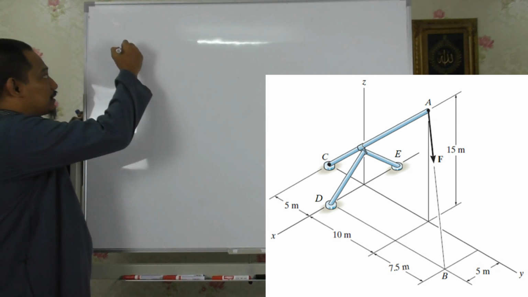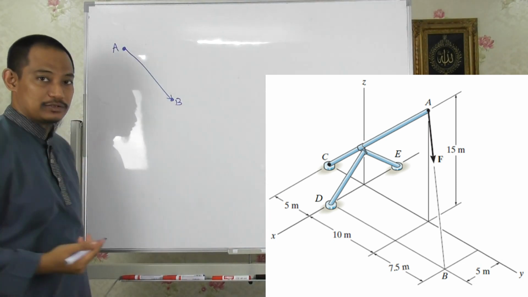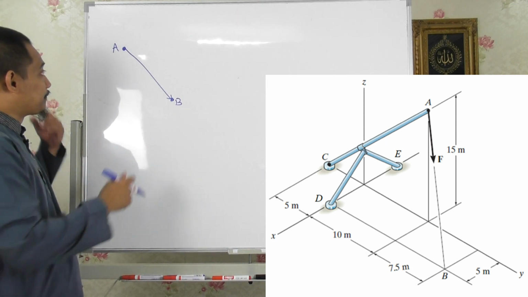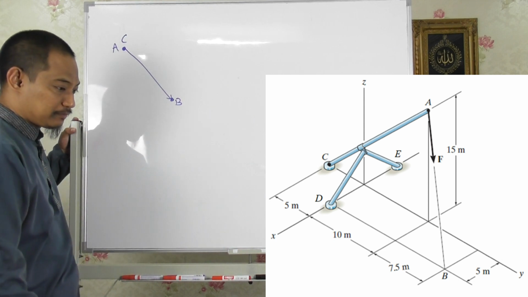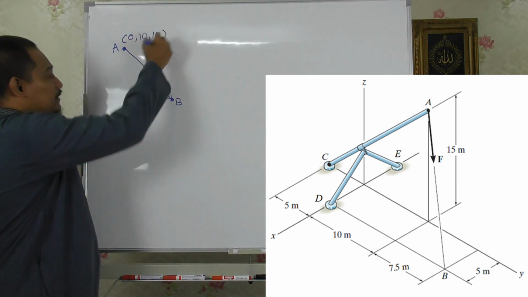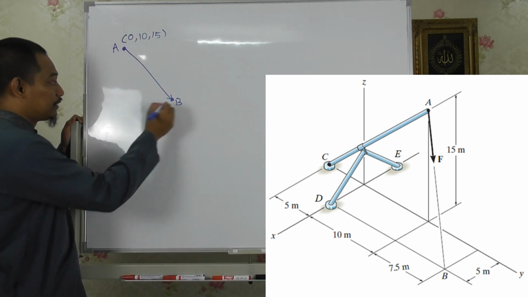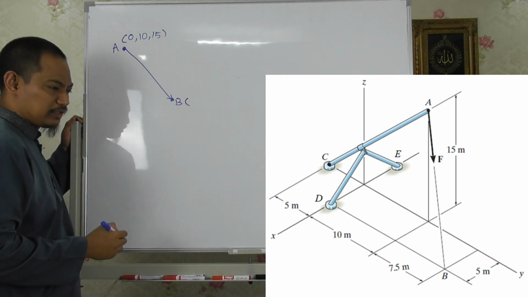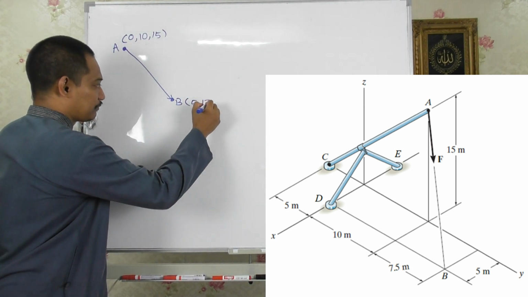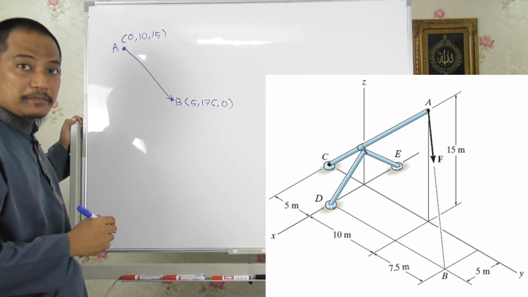the force is just relating from point A to point B, right? So those are the 2 points that we care about. The coordinate of point A is 0, 10, 15, correct? And for point B, it is 5, 17.5, 0.